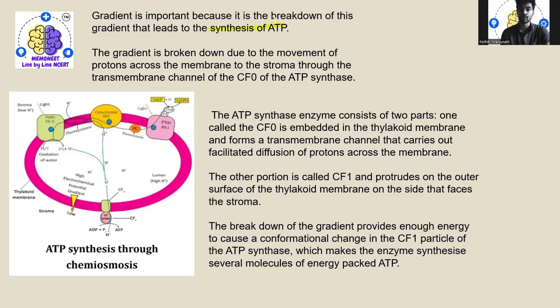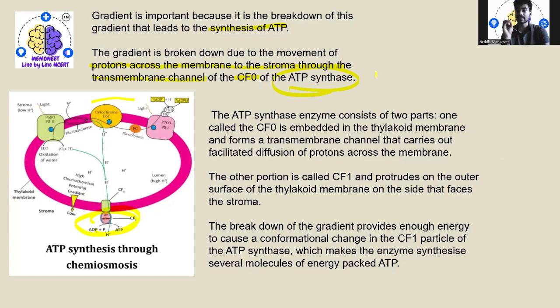The gradient is broken down due to the movement of the protons across the membrane to the stroma, the outside region, through the transmembrane channel of CF0. If that happens, then ATP is going to be synthesized.